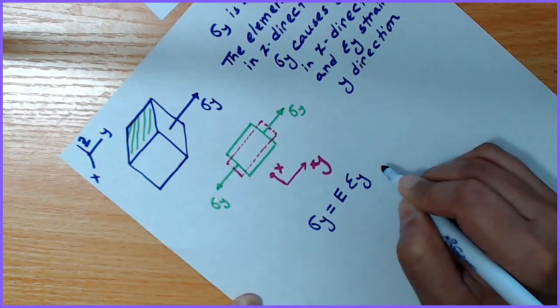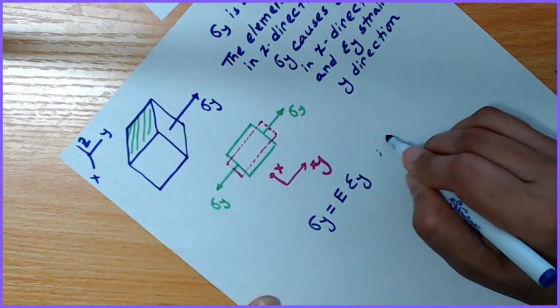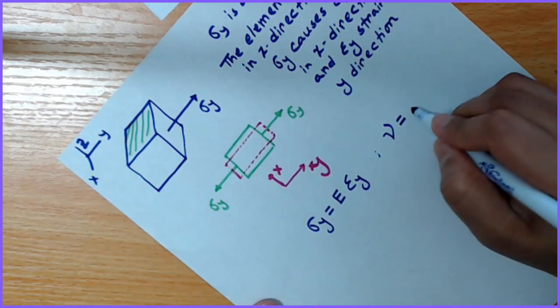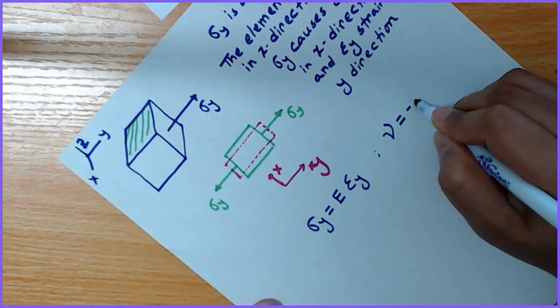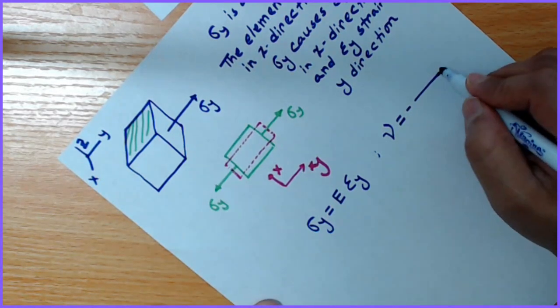Again, from the Poisson ratio, we know nu is equal to minus lateral strain over longitudinal strain.